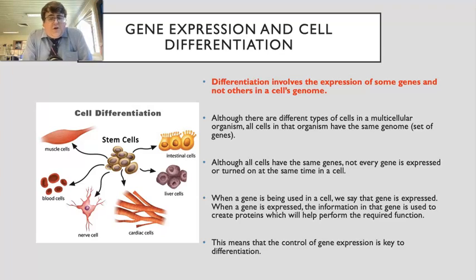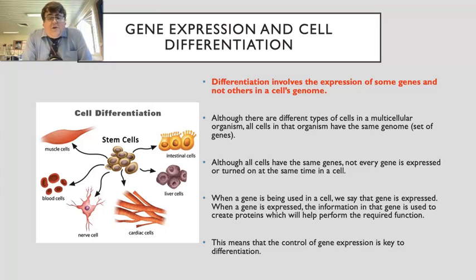Transmitting messages is not really required for the muscles, so those genes would not be expressed in the muscle cells. Nerves maybe don't need to generate as much energy, so they don't have as many genes turned on for cellular respiration. Different cells will have different genes expressed at different times.